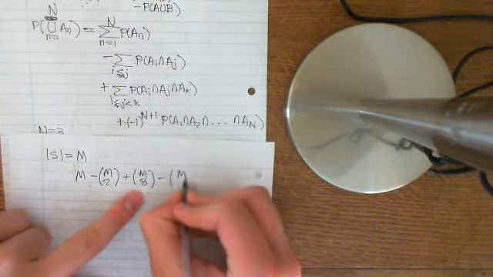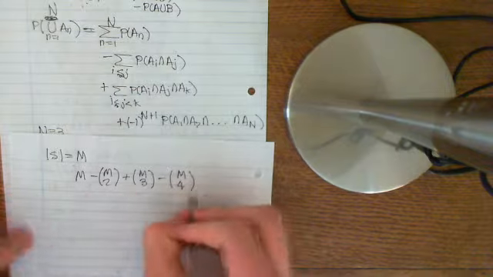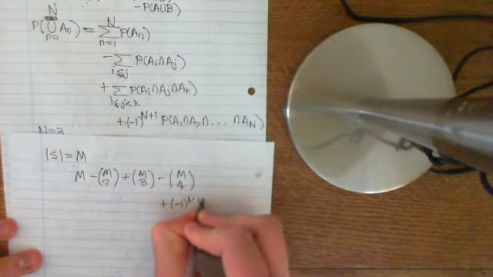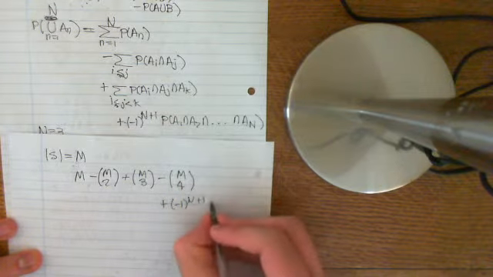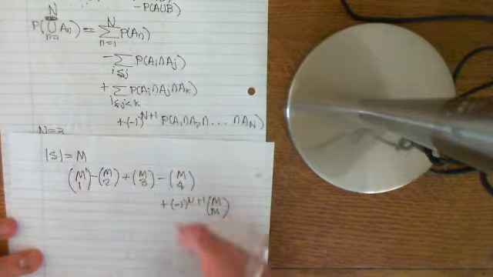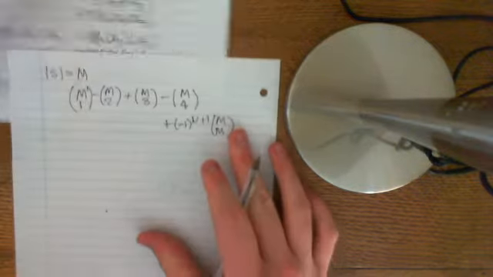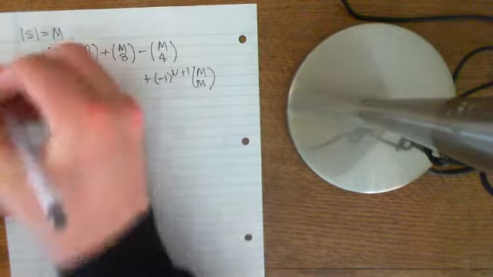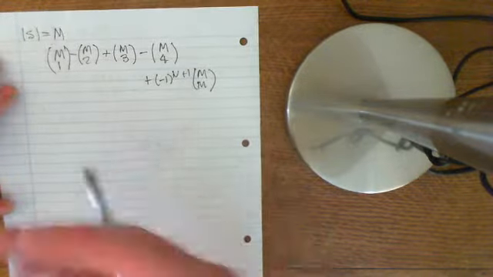We're then going to subtract off M choose 4, and it will go on all the way up to plus or minus 1 to the n plus 1 of M choose M. And we could write M choose 1 there. And basically, let's just expand that formula out. So that's how many times this probability of x is going to appear in the sum.